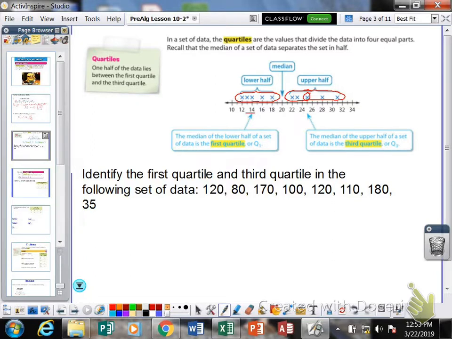Let's look at a couple examples. Identify the first quartile and the third quartile in the following set of data. So we have our set of data there. The first thing we want to do is rearrange the data from least to greatest.